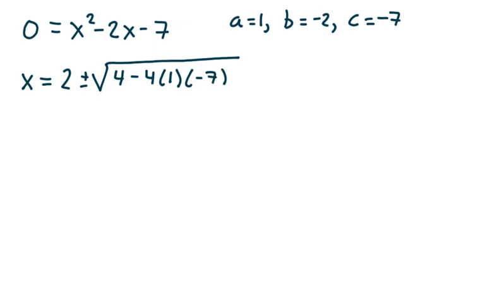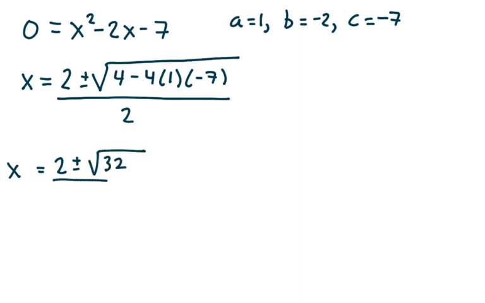So it's b squared minus 4ac, all divided by 2a, which is 2. So x equals 2 plus or minus the square root of 32 divided by 2.